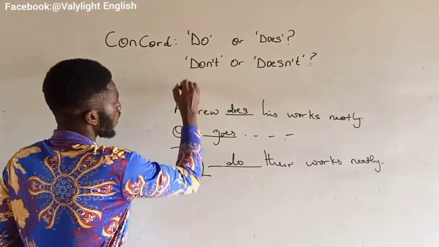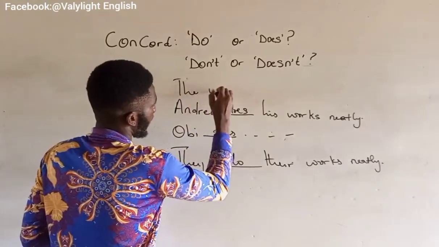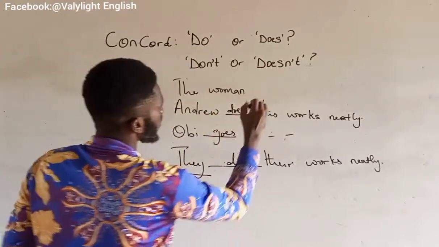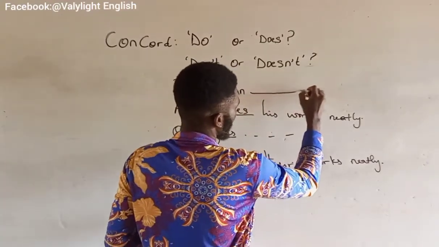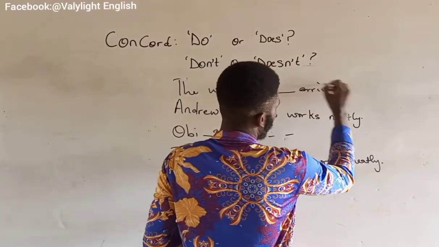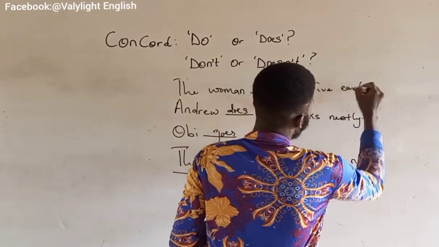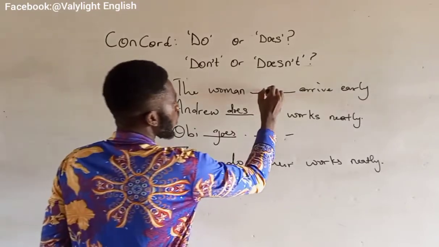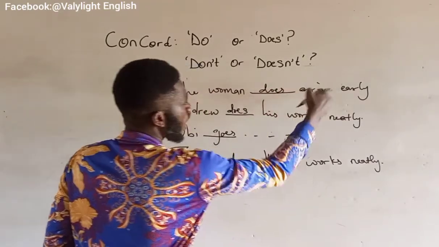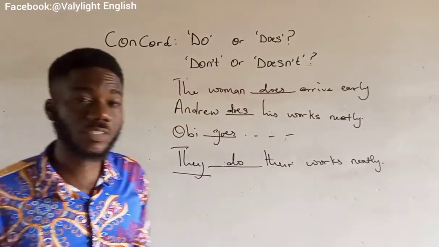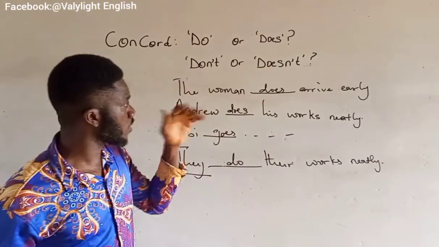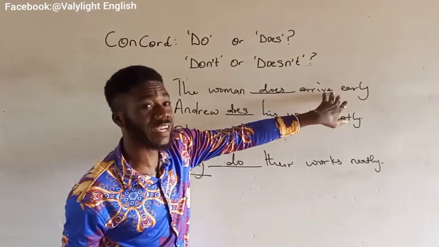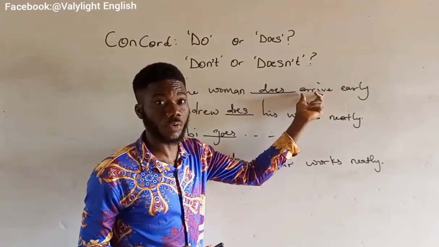The woman dash arrive early. The woman does arrive early. There is another confusion. Some persons will say that the verb here should have s because arrive is in the plural form.